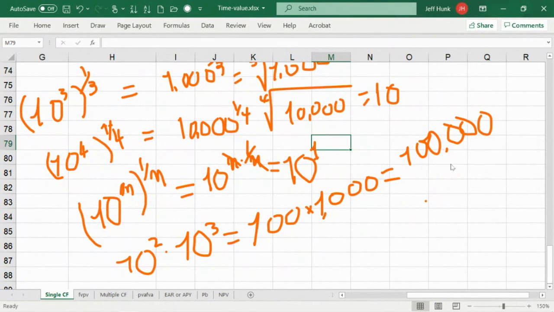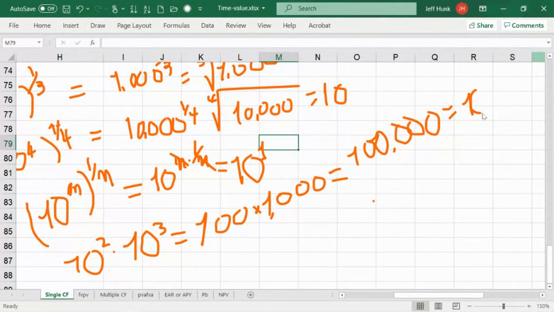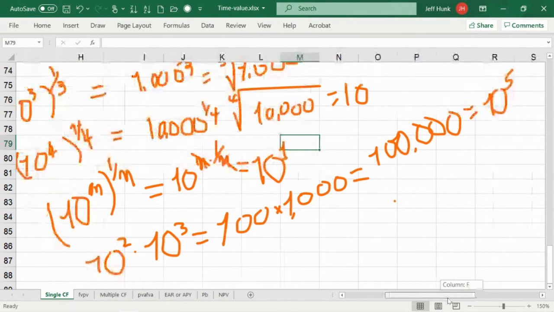But then 100,000 is exactly what? If you express it in terms of 10 and power, 100,000 is 10 to the 5th, right? Because 5 zeros: 10 times 10 times 10 times 10 times 10, you do that 5 times. So isn't it exactly what that rule is saying?